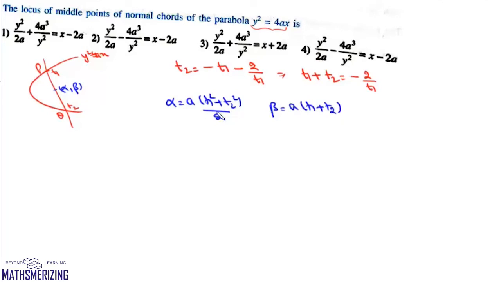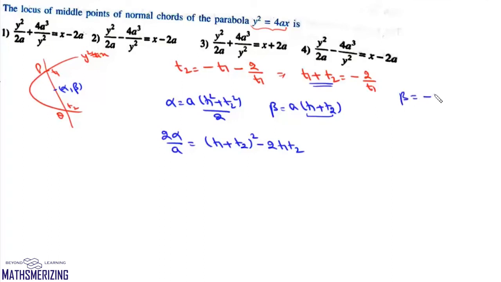Now we can write 2 alpha upon a as (t1 plus t2) whole square minus 2 t1 t2. We need to eliminate t1 and t2 and find the relationship between alpha and beta. We already have t1 plus t2, and we need the value of t1 t2.